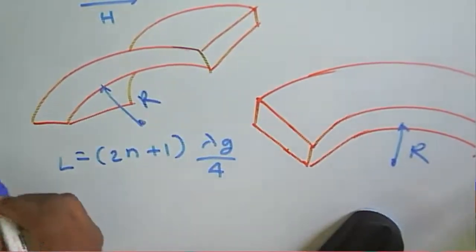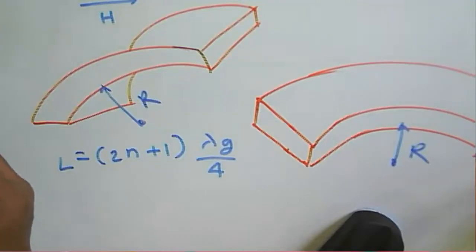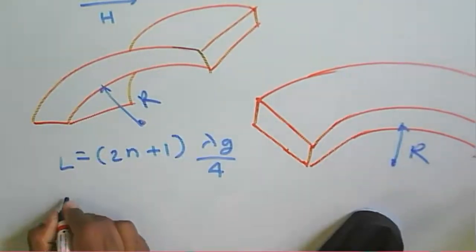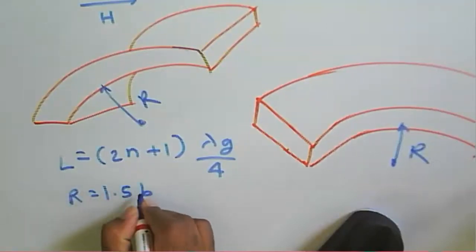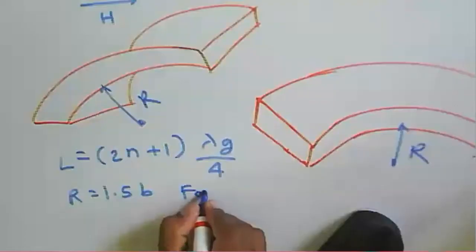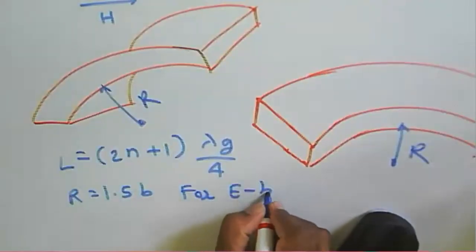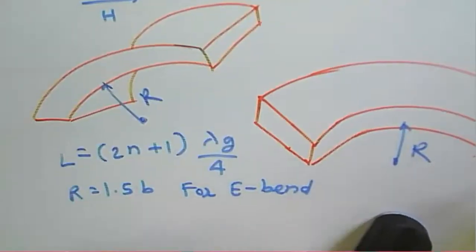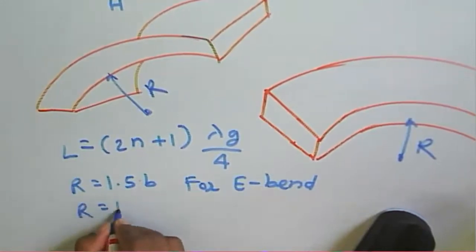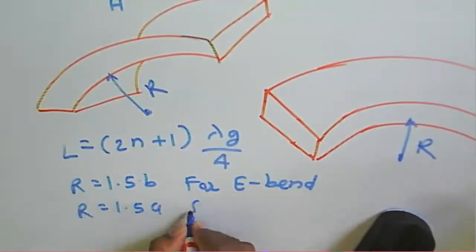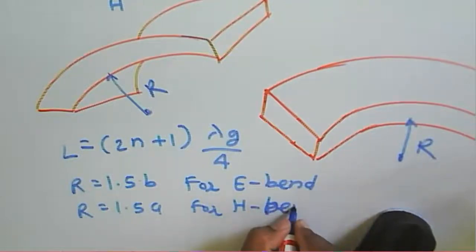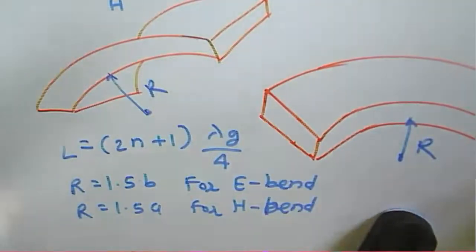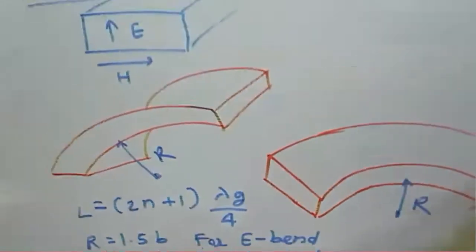And R will be 1.5 B for an E bend, and R is equal to 1.5 A for an H bend. Okay, that is about the bend here.